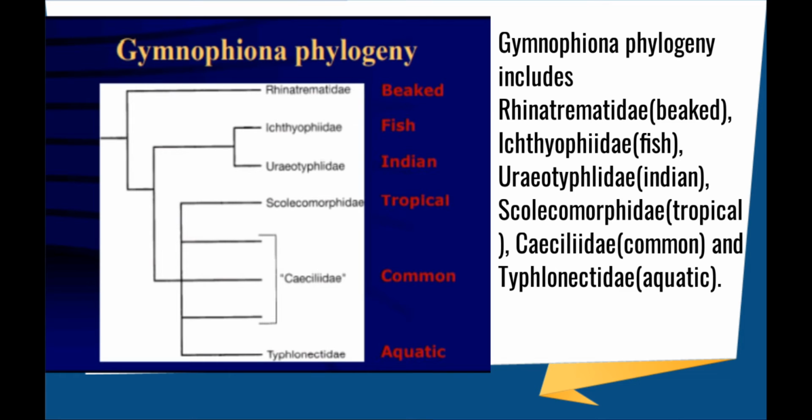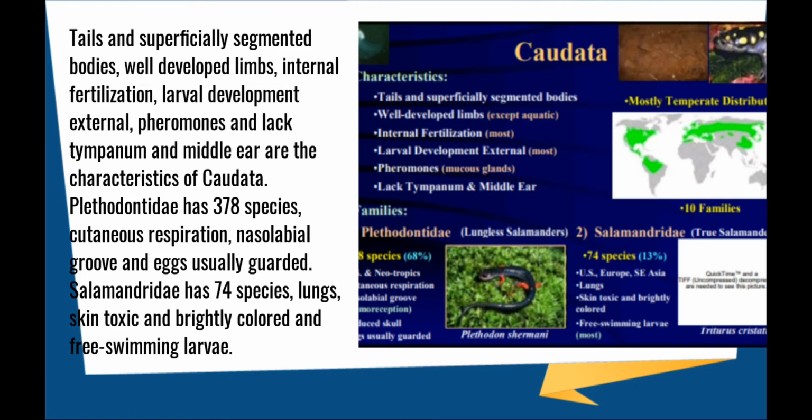The phylogeny of Gymnophiona includes Rhinatrematidae, Ichthyophiidae, Uraeotyphlidae, Scolecomorphidae, Caeciliidae, and Typhlonectidae. Tails and superficially segmented bodies, well-developed limbs, internal fertilization, external larval development, pheromones in the lacrimal gland, and a tympanum and middle ear are the characteristics of Caudata.